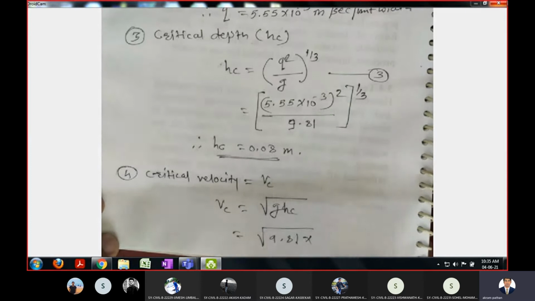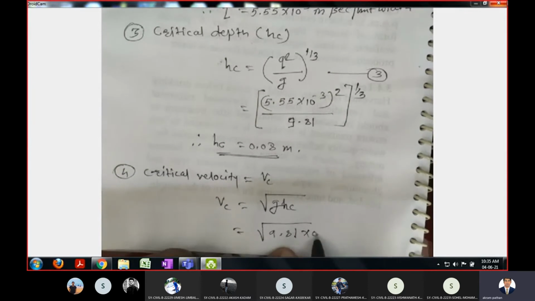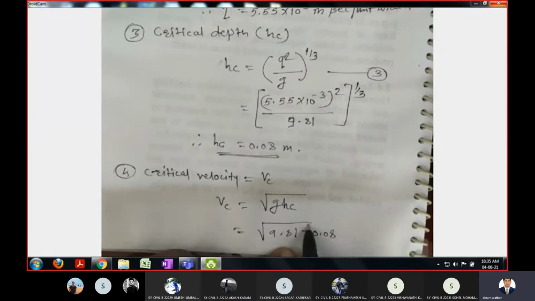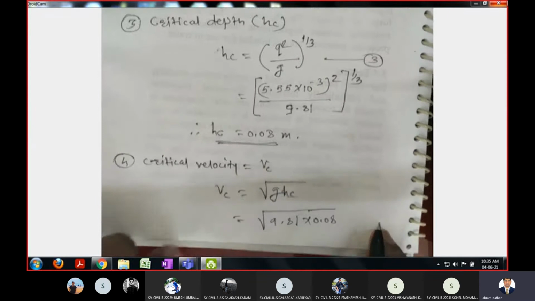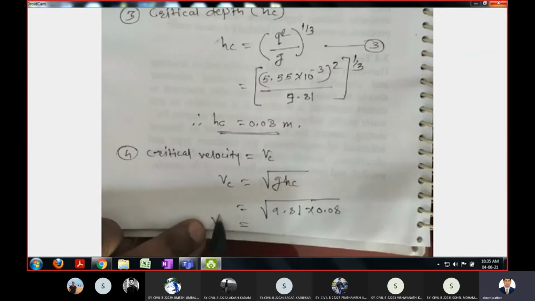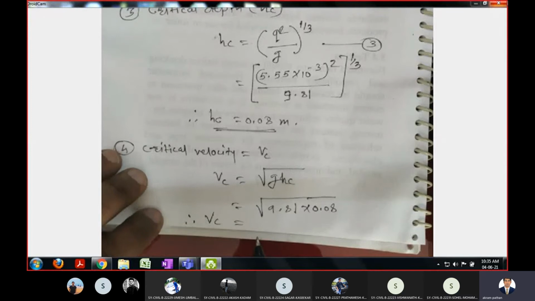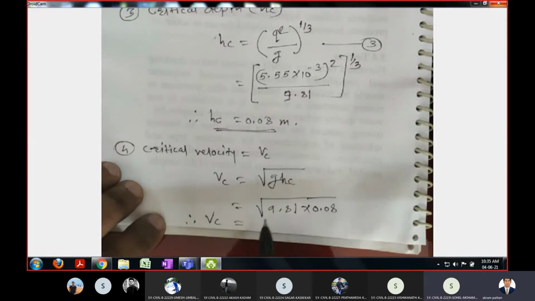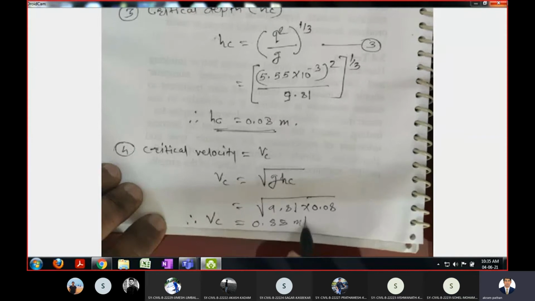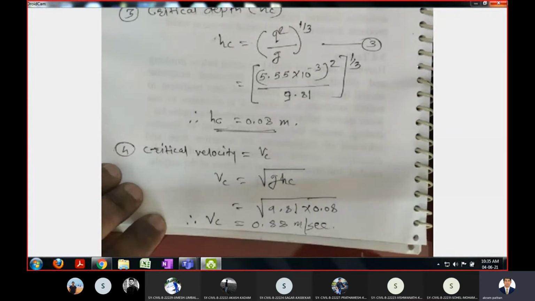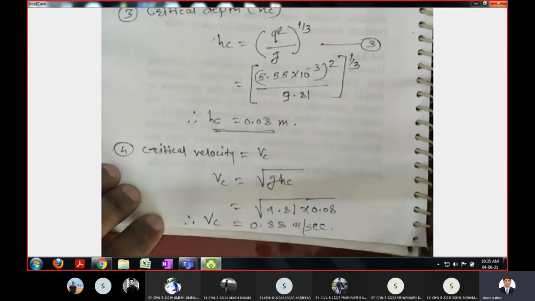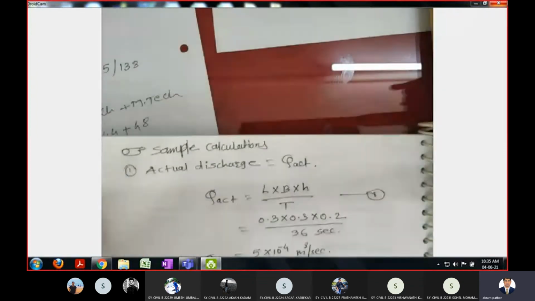We have calculated earlier 0.08. Now calculate Vc, that is critical velocity. Therefore, critical velocity will be 0.88 meter per second. So always remember that unit is also equally important.